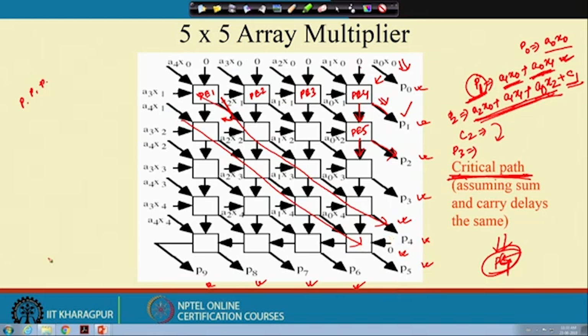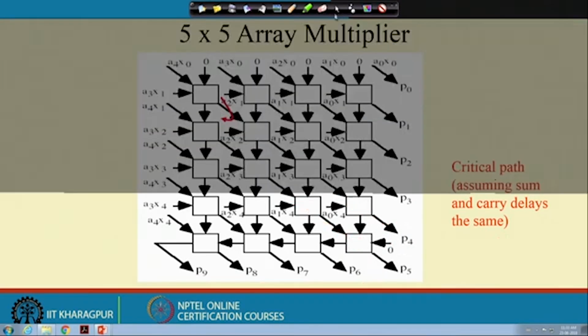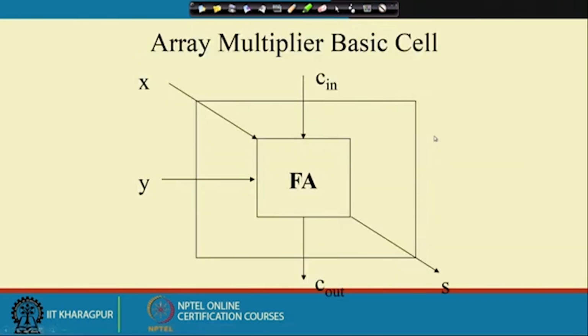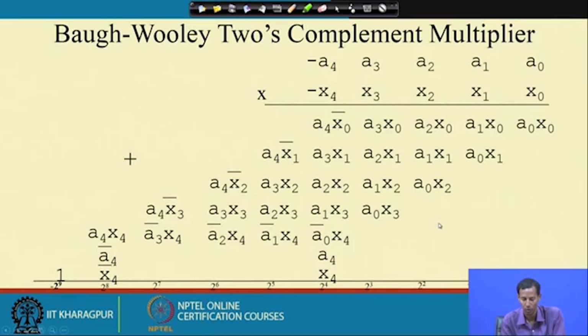Okay. So, then if I consider that each processing element is nothing but one full adder cell, considering 3 input bits, it produces 2 output bits. Okay.